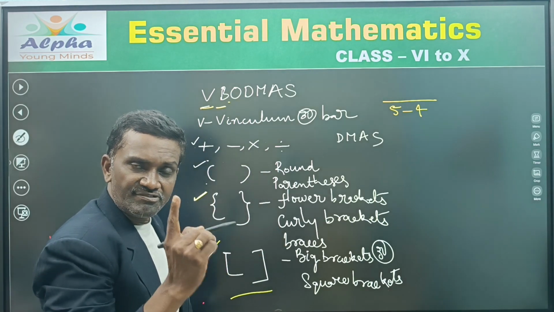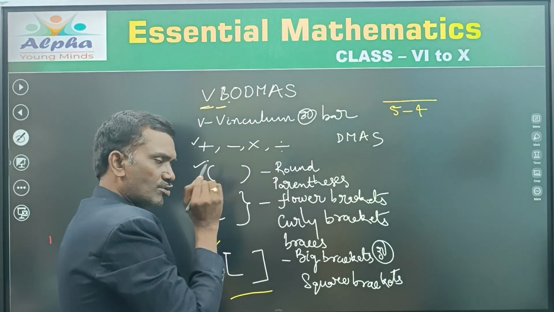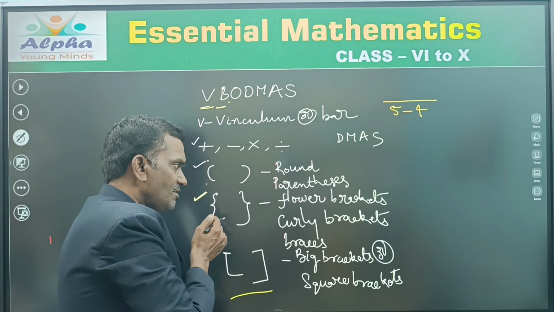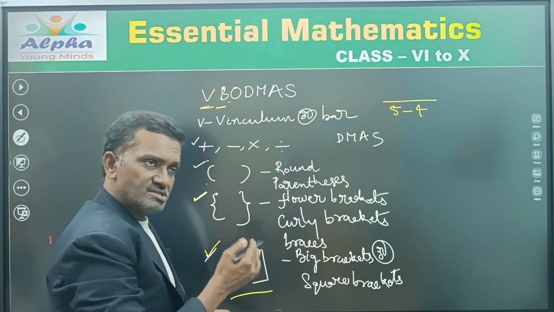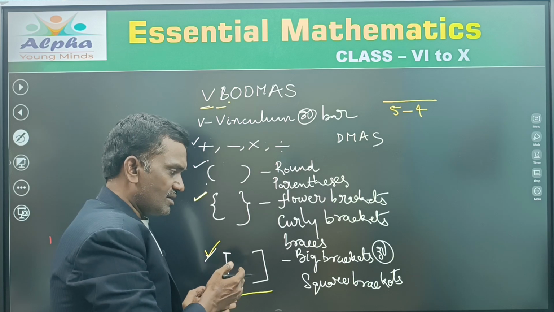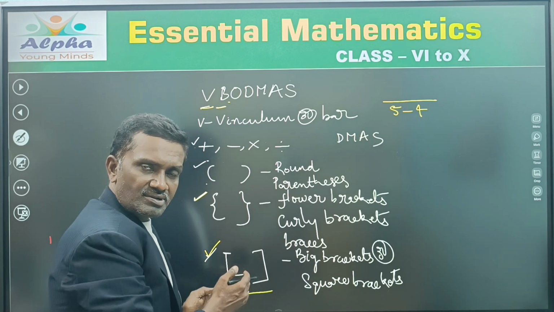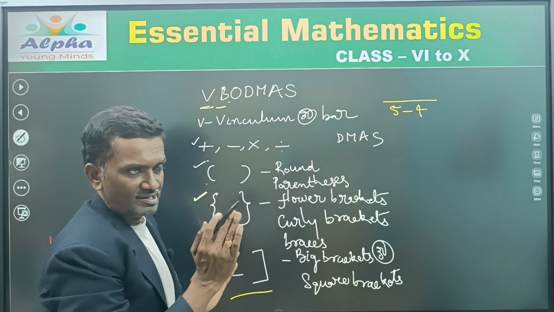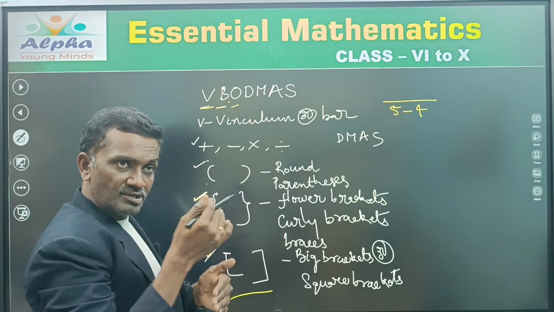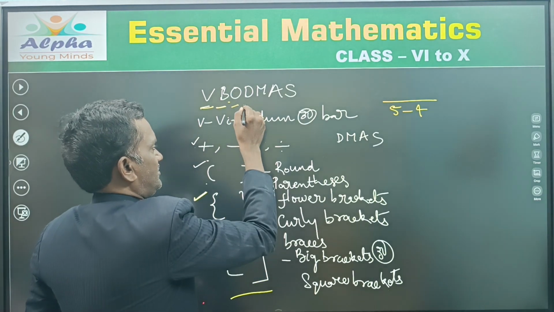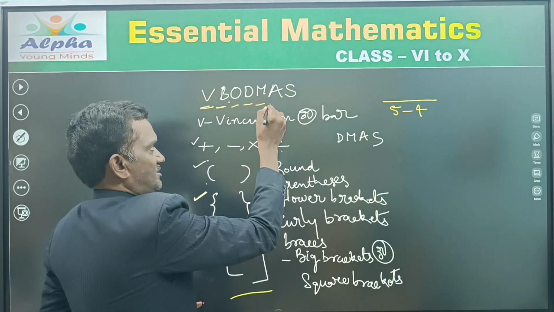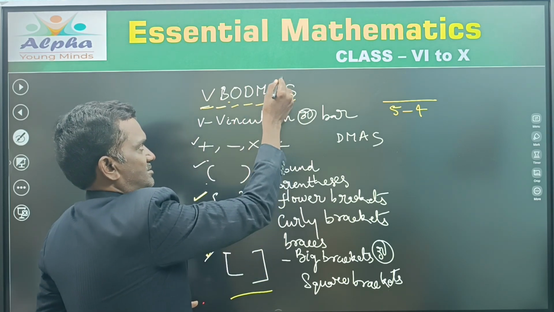First simplify whatever is there in round brackets, then whatever is there in flower brackets or braces or curly brackets, and then whatever is there in big brackets or square brackets. Then Of; during explanation I will tell you about this Of. And then division, multiplication, addition, and subtraction.